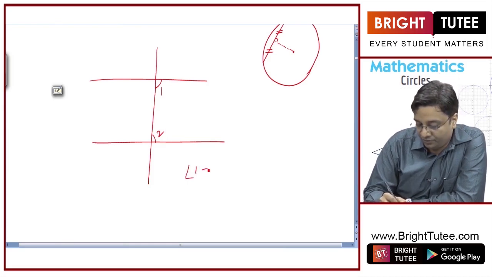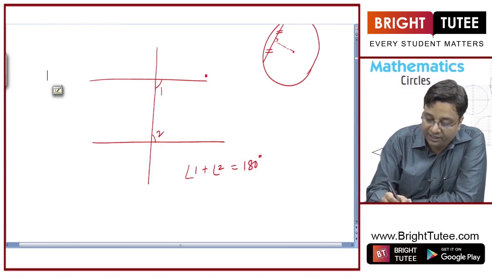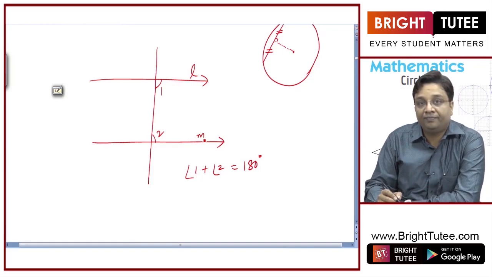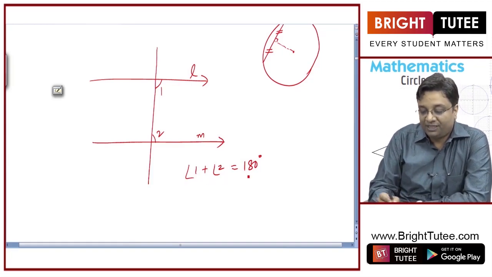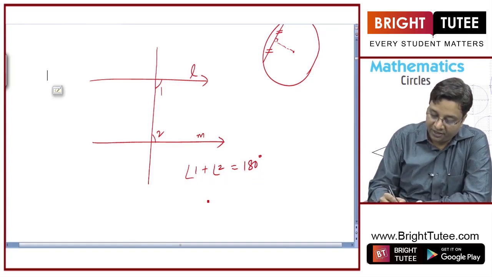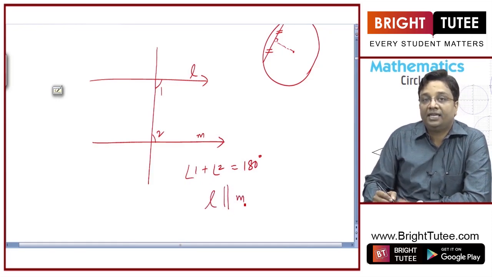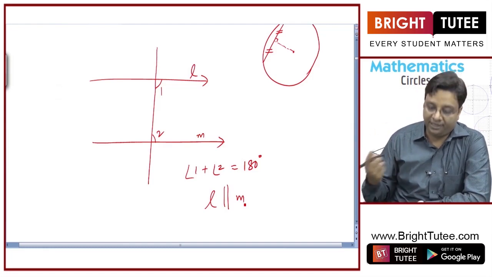If I can prove that angle 1 plus angle 2 is equal to 180 degrees, what can I say about these two lines? Let's name this as L and this as M. If angle 1 plus angle 2 is equal to 180 degrees, then line L is parallel to line M.